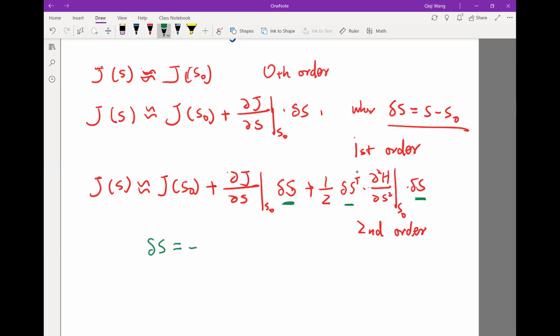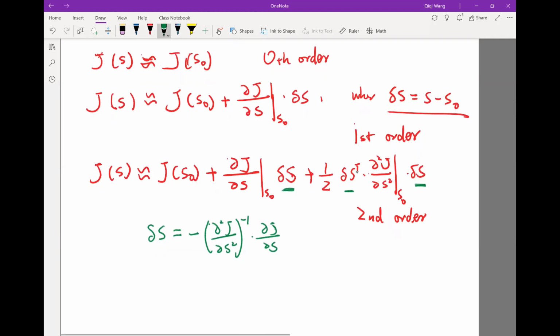That is delta S equal to minus the Hessian inverse times the gradient, or sometimes written as minus H inverse times G. Here the second derivative is denoted as H, the Hessian, and the first order derivative is denoted as G, the gradient.